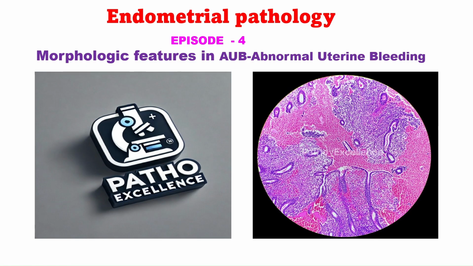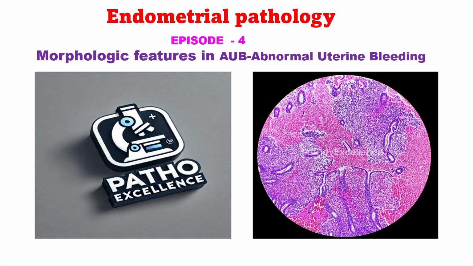In this endometrial pathology video series, today we will discuss morphologic features in AUB or abnormal uterine bleeding. Abnormal uterine bleeding is a common clinical problem with many underlying causes.